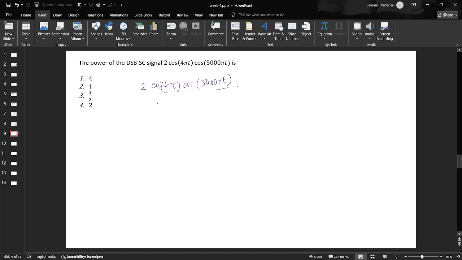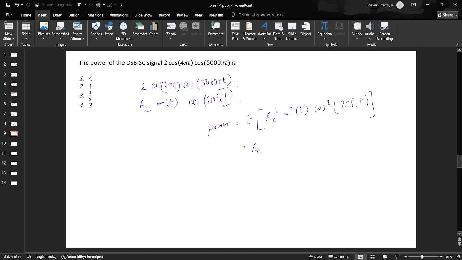If we match that with the standard DSBSC expression, that is A_c m(t) cos 2 pi f_c t, then we can see A_c is 2, m(t) is this, and this is this. So when we are supposed to compute the power, it is given as the expected value of A_c square m square(t) cos square 2 pi f_c t.